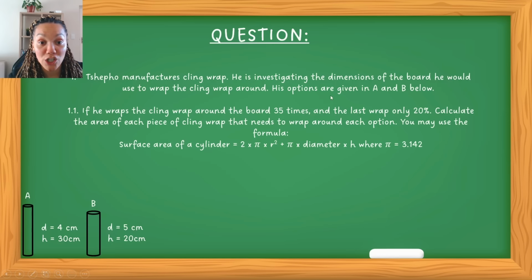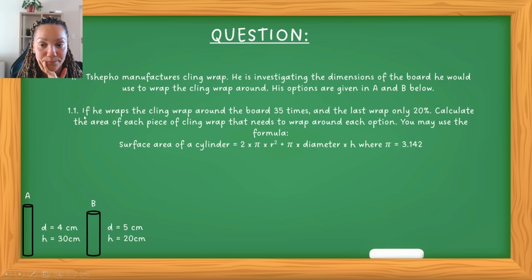His options are given in A and B. He's got an option of using a board with a diameter of 4 centimeters and a height of 30 centimeters. Diameter again is the width here, right? And the height is 30 centimeters. Here the width is 5 and the height is 20 centimeters. Now we understand what's given.